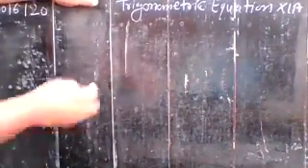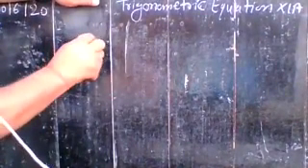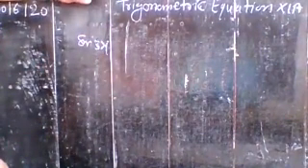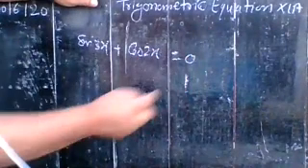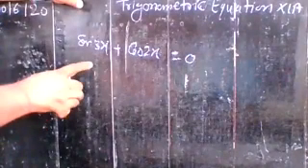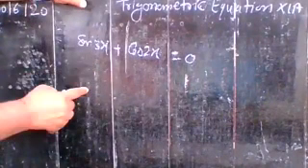Your second question is sine 3x plus cos 2x is equal to 0.